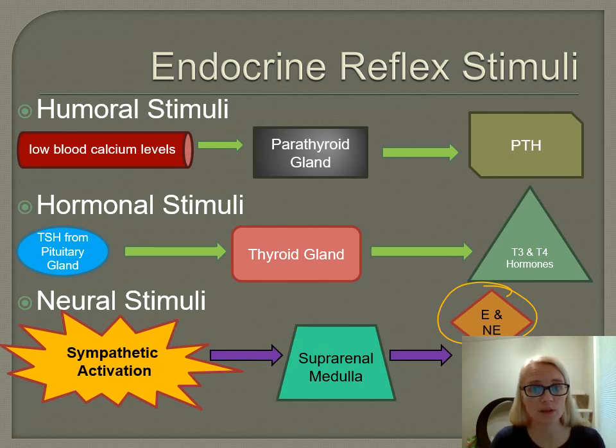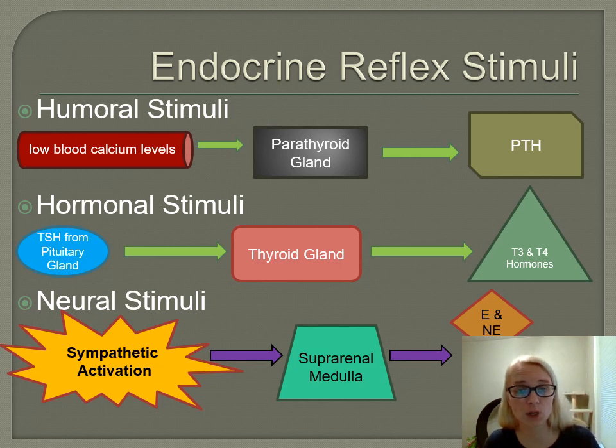Because it's a hormone, it's not a neurotransmitter. It is a hormone when it gets dumped into the bloodstream. All right, so again, I will try to remember to point out whether the hormones or the glands that we're talking about are triggered humorally, hormonally, or neurally. Sometimes it's more than one, so we'll also try to address that as well.